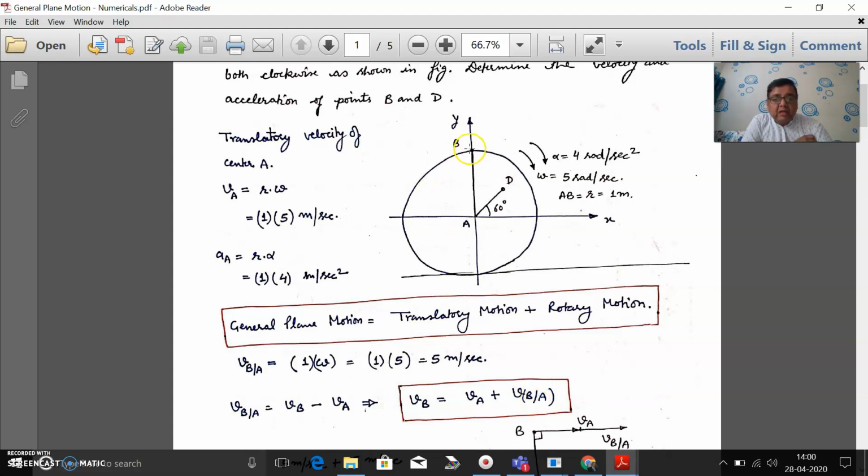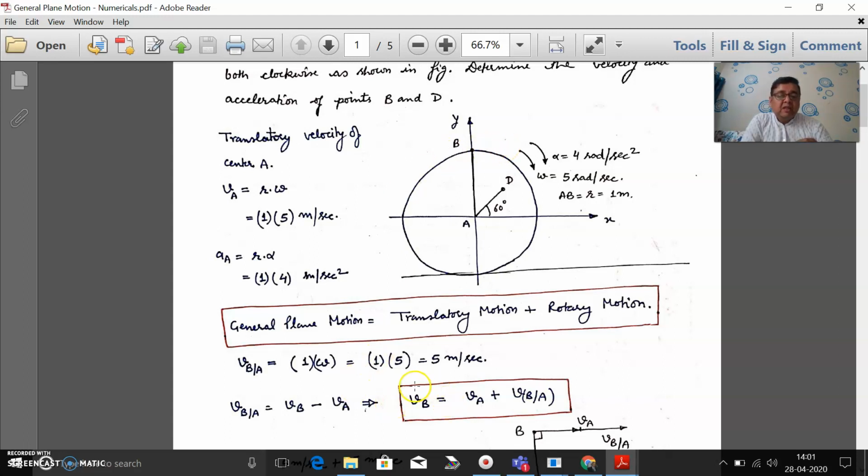So you should be very clear that when we say velocity of B with respect to A, I have to keep point A stationary and find the velocity of point B with reference to A. That means it is a rotary motion. This component, velocity of B with respect to A, is rotary motion, and when I say only VA, that component is only linear motion.